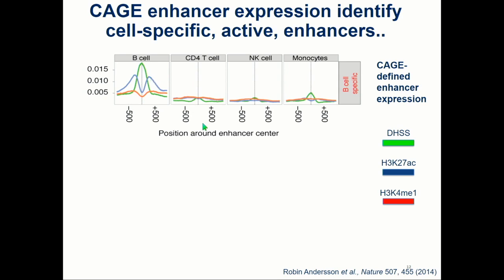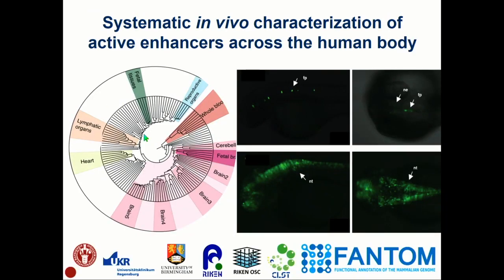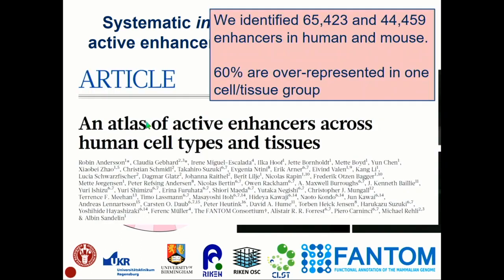The same is true for CD4, natural killer, monocytes and all the other cells. So in conclusion, we can also identify enhancer RNAs that are tissue-specific. We can even cluster them, and about 60% of 65,000 enhancers are fairly cell and tissue specific.